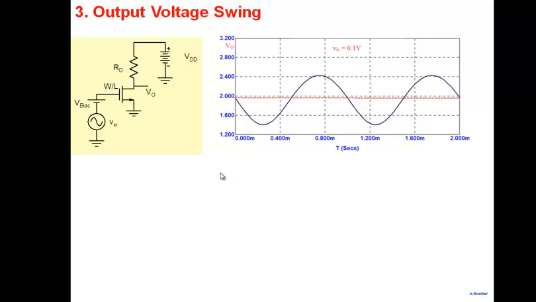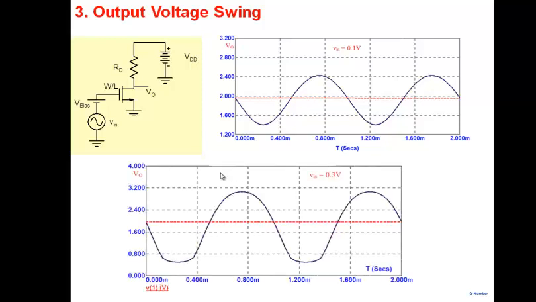Note that the sinusoidal voltage is riding on top of a DC value at this point. We said that there is a 180-degree phase difference, so for a positive cycle we get a negative cycle, and for a negative cycle we get a positive cycle. So the issue now is how large can my output voltage swing be?